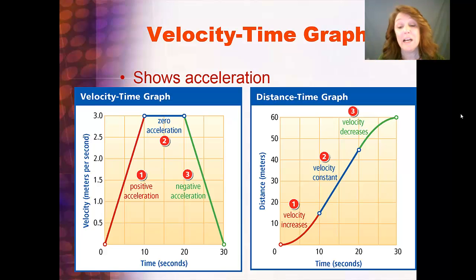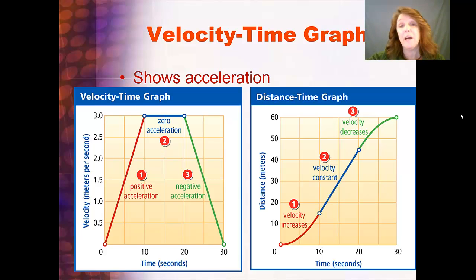But what it's telling you is that you're starting at 0, and you never just start immediately going fast. You actually have to speed up. And it shows you with that nice little curve that it's speeding up. That's the red line.